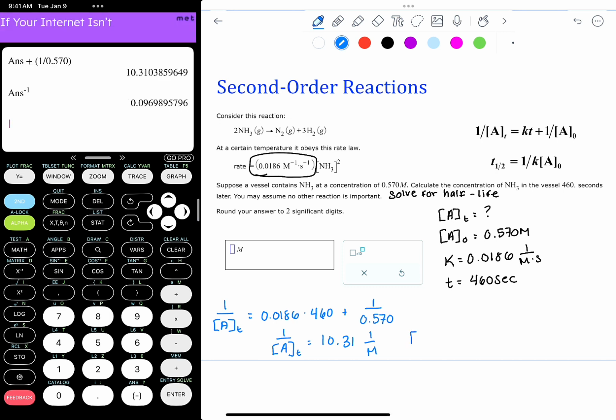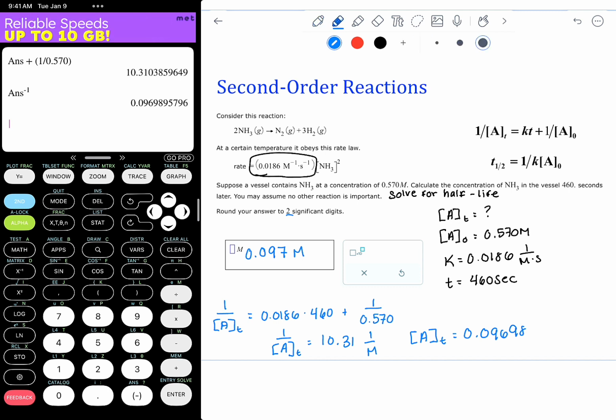So that gives us a concentration at our later time of 0.09698. This one says 2 significant figures, so that would be 0.097 molar.